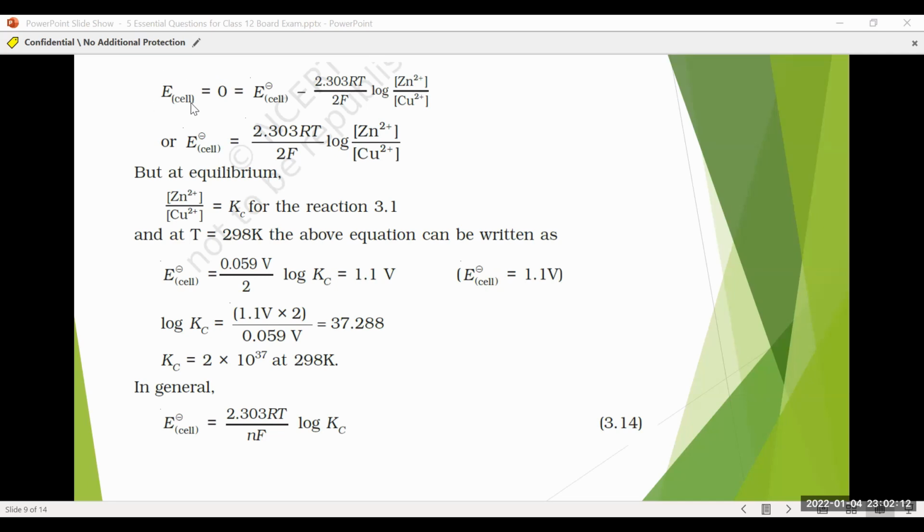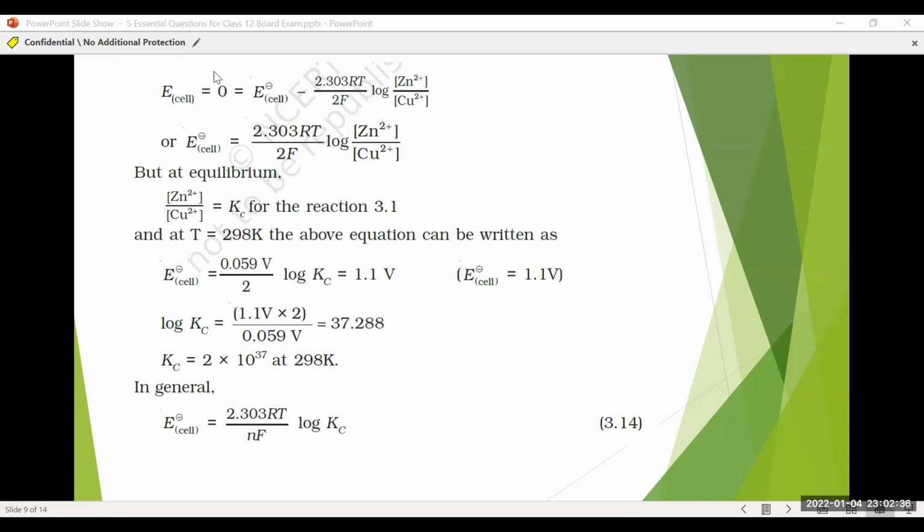Second application, the relation between E cell and Kc. When the cell is at equilibrium, when the cell starts producing current, after some time the current stops, because the rate of forward reaction becomes equal to the rate of backward reaction. In that case, E cell is equal to 0.